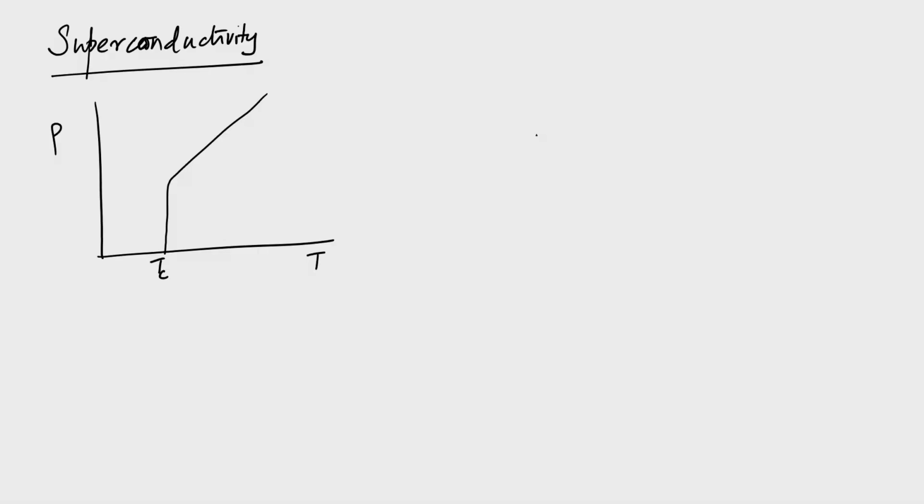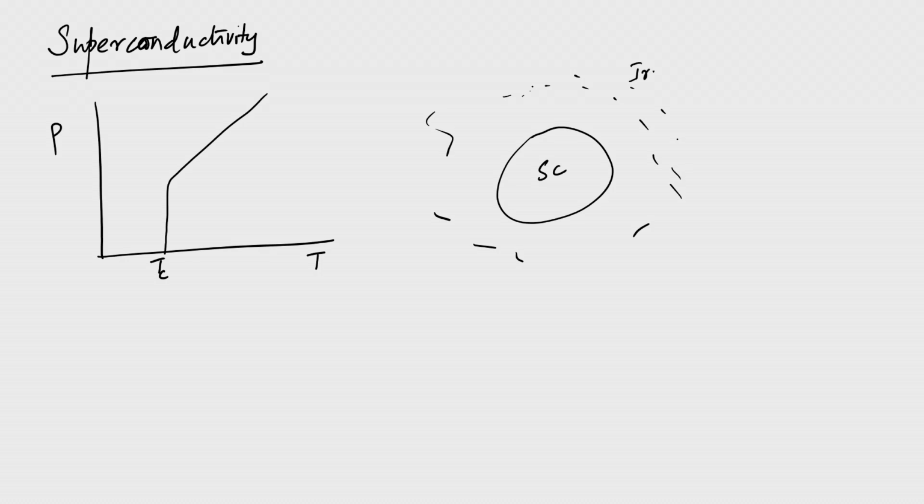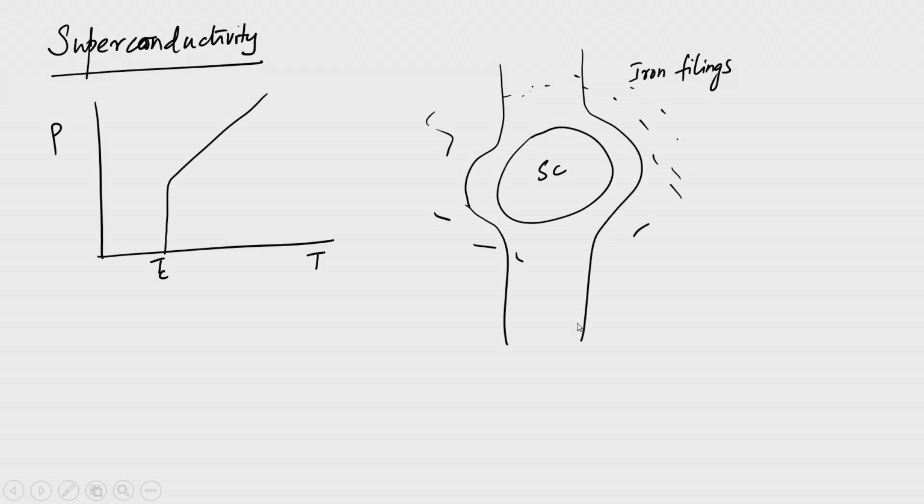So, how is this expulsion of magnetic field seen? If you have a superconductor like this, and you put iron filings, which are like nails, scattered all over the place, and then you apply a magnetic field, the magnetic field will not penetrate into the sample but will go around it.